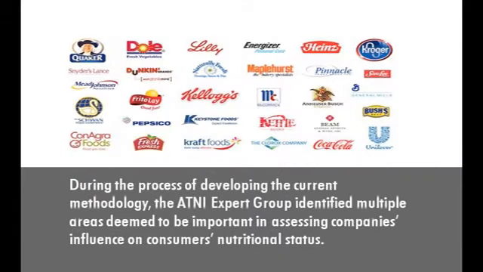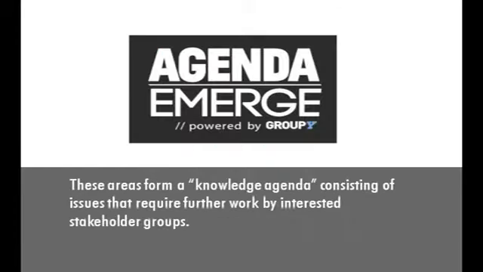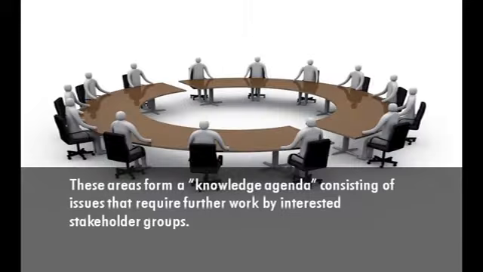During the process of developing the current methodology, the ATNI expert group identified multiple areas deemed to be important in assessing companies' influence on consumers' nutritional status. These areas form a knowledge agenda consisting of issues that require further work by interested stakeholder groups.